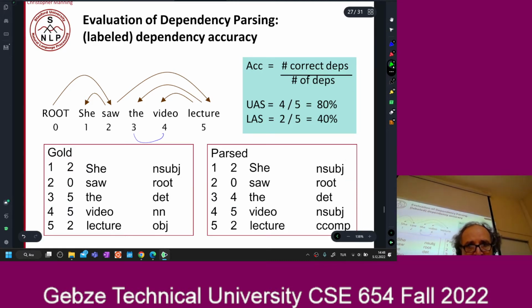Okay, so root, 0, 1, 2, 3, 4, 5. So 0, 2 is the root.